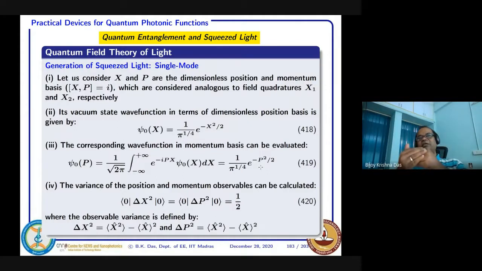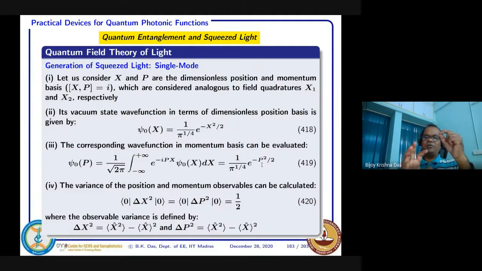So you can imagine plotting the x-axis as position and the y-axis as momentum. It's like a quadrature. Along the x-axis it is a Gaussian centered at x equal to 0, and along the y-axis, that means p, also a Gaussian centered at p equal to 0.